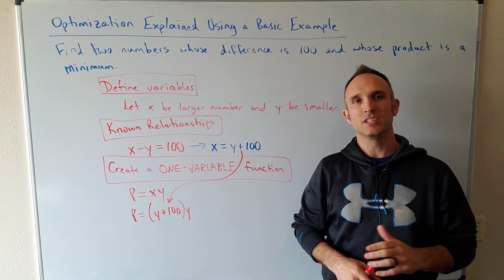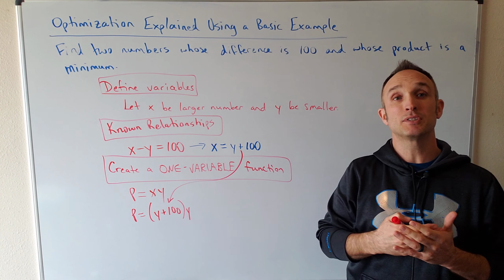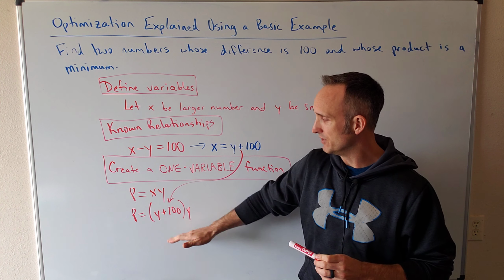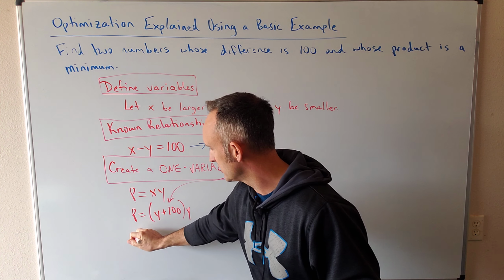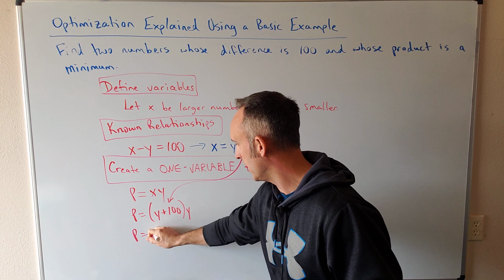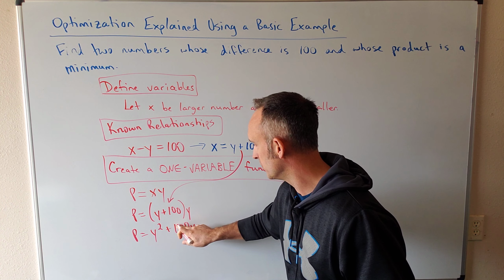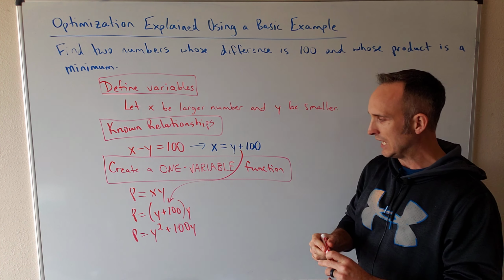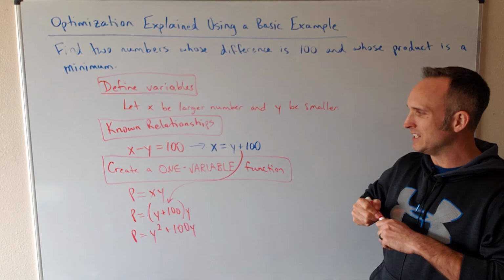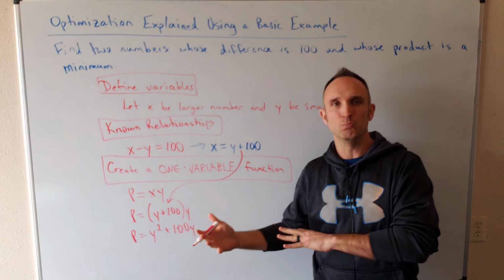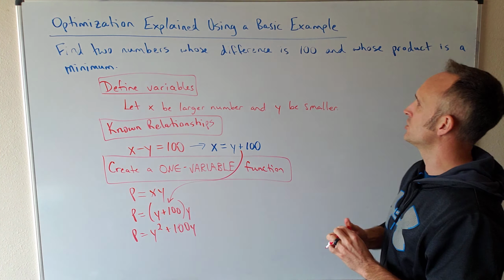And what I'm trying to do at this point is find an absolute minimum of this function. But before we do that, let's simplify the function by distributing our y to get y squared plus 100y. And now what we need to do is find the absolute minimum of this function.